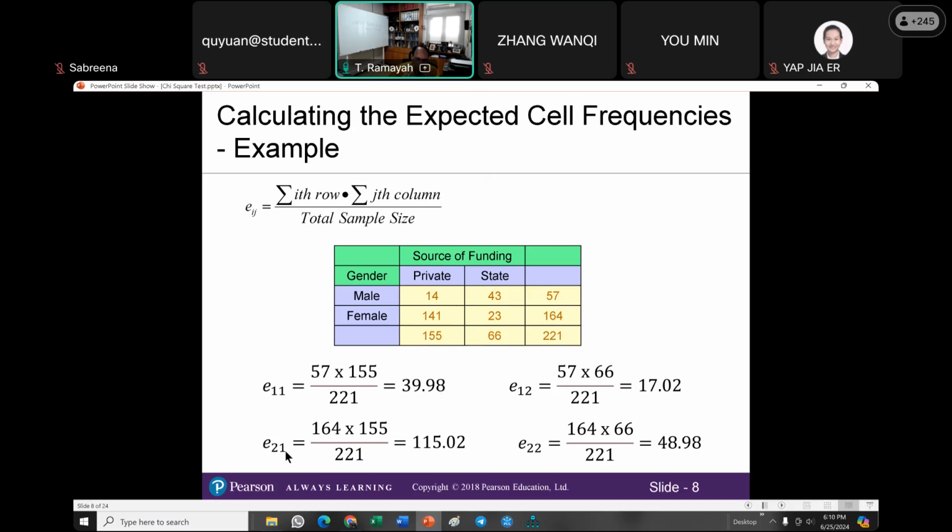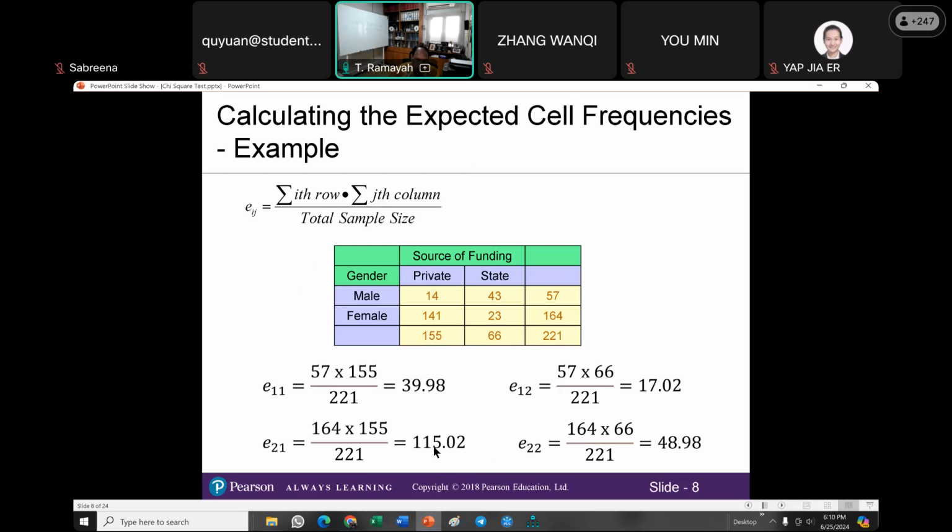The second cell is cell number 2, here, okay? For this cell, we need to take 155 times 164 divided by 221.